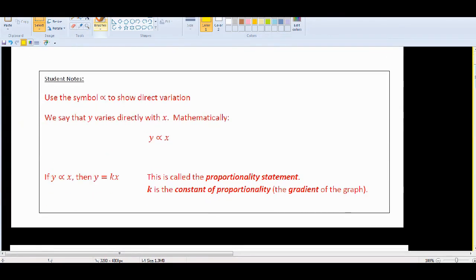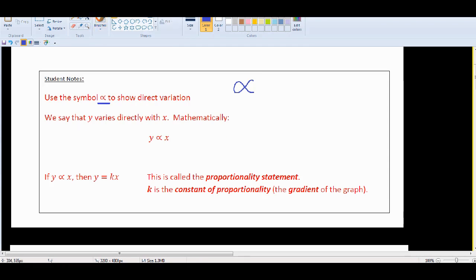From now on, we are going to use a special symbol to represent direct proportion, or direct variation. The symbol is like this. Follow me and write it once. This is called the symbol for direct proportion. You can write the symbol.